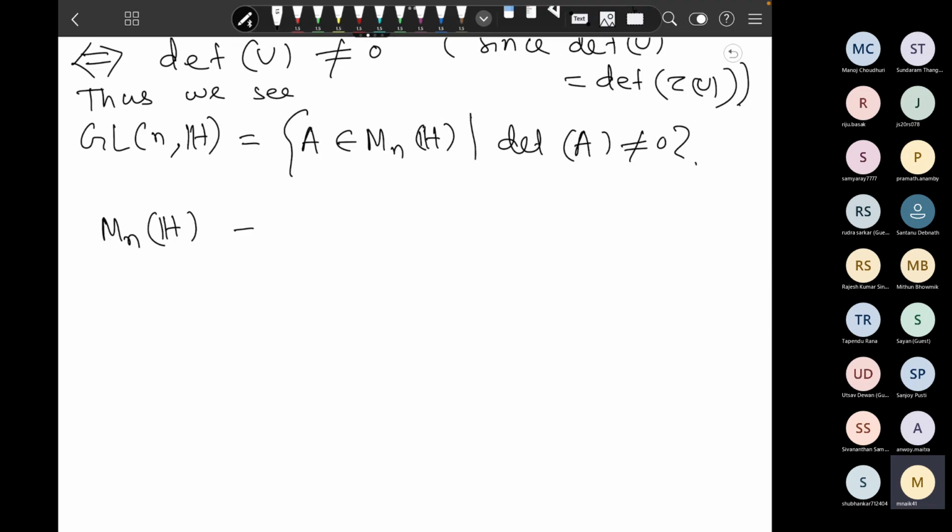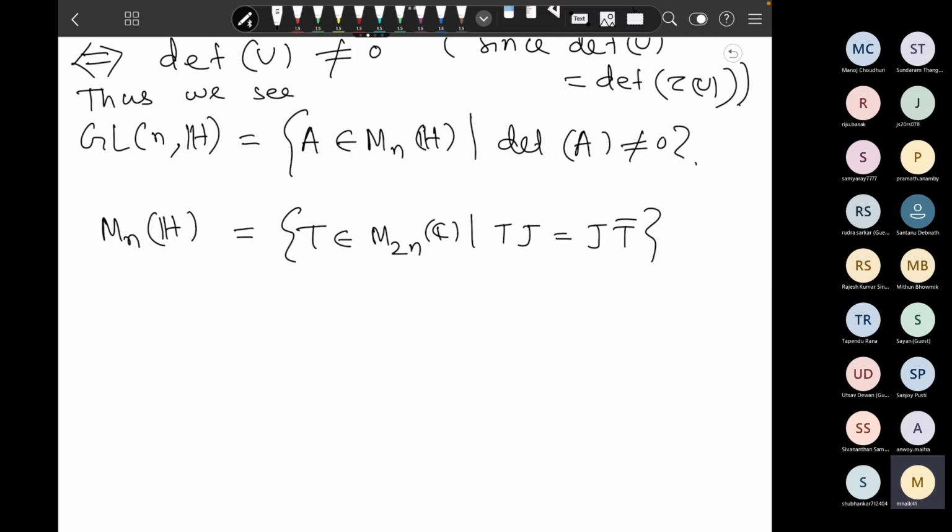We know that MNH is equal to the set of T belonging to M2n C so that Tj is equal to J t bar. I told you in the last class this is not quite correct, because the left hand side is a set of maps from Hn to Hn, and the right hand side is a map from C2n to C2n.